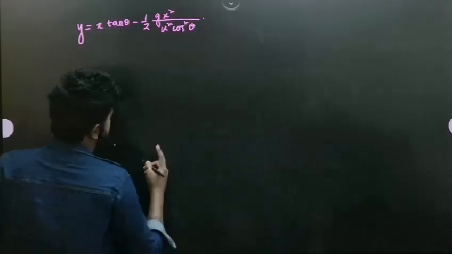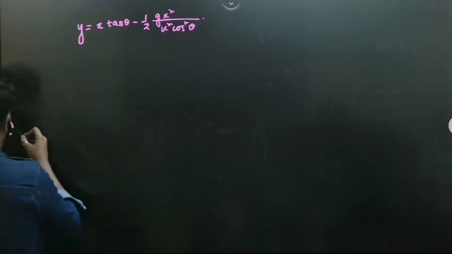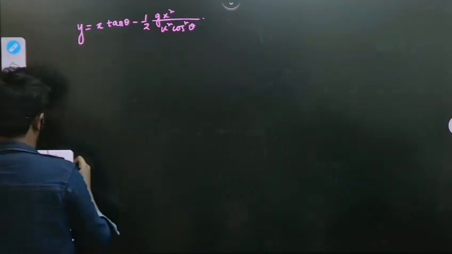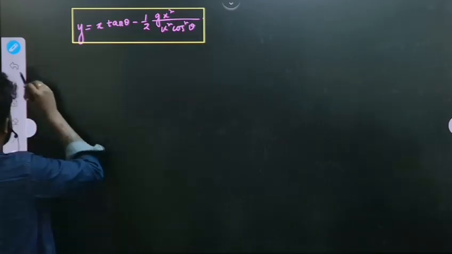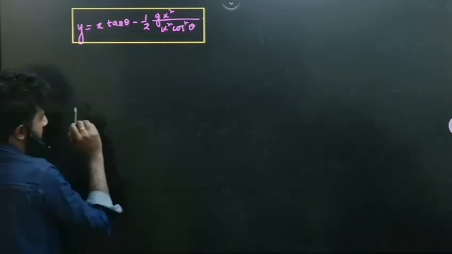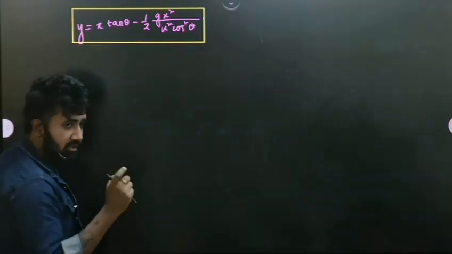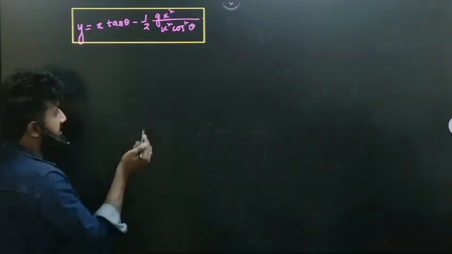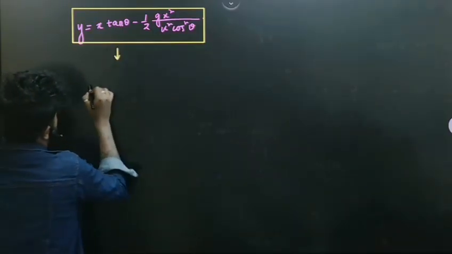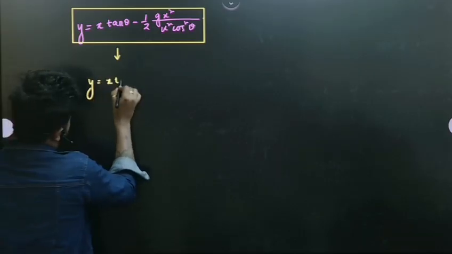Okay. We have one more expression. Depending on the convenience of the question asked, what we have to find, we're going to use either this or that equation. How are you going to derive the next one? Dekho, I'm going to take x tan theta common.